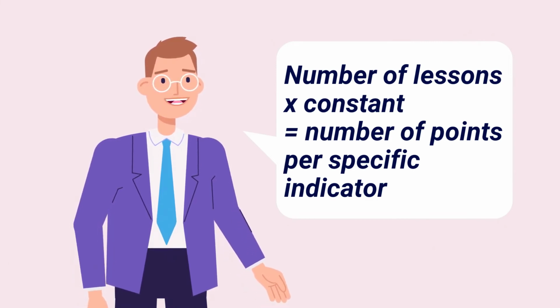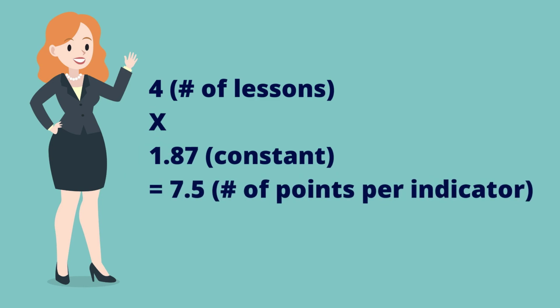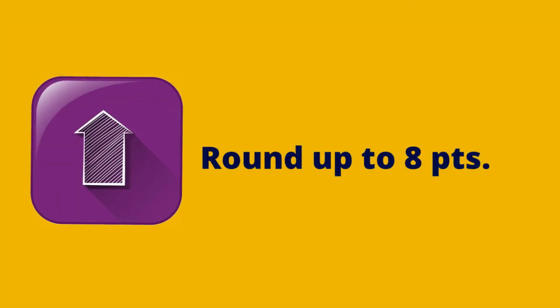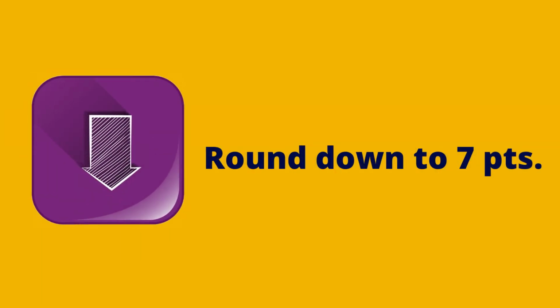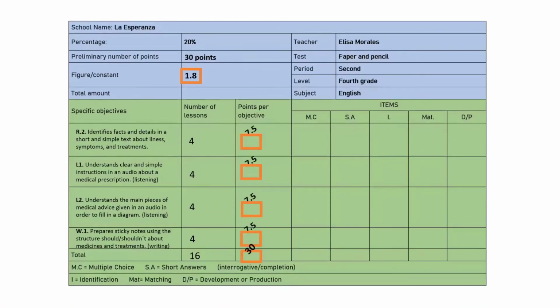In the case of objective R2, it would be 4, which is the number of lessons, multiplied by 1.87, which is the constant, and which equals 7.5. This number could be rounded up to 8 points or rounded down to 7, whichever Elisa decides. Now let's include this information in the TOS.